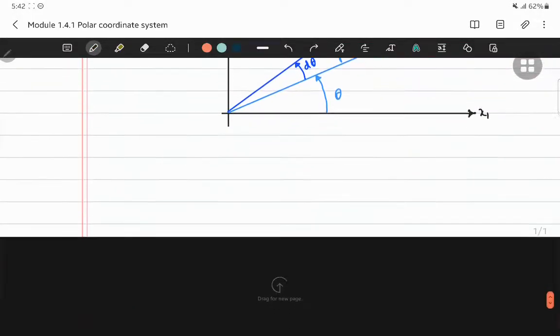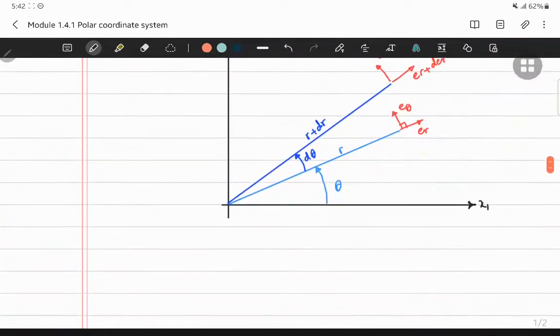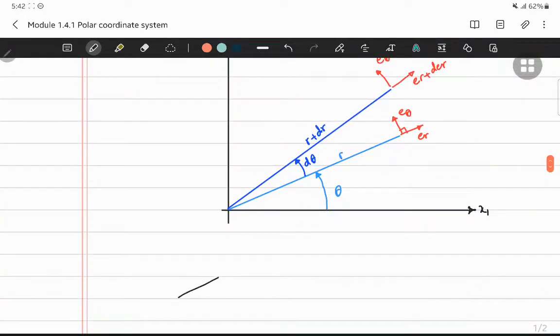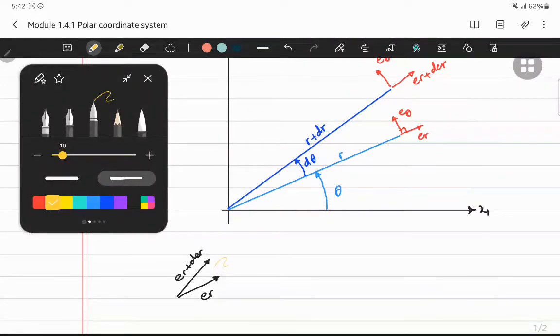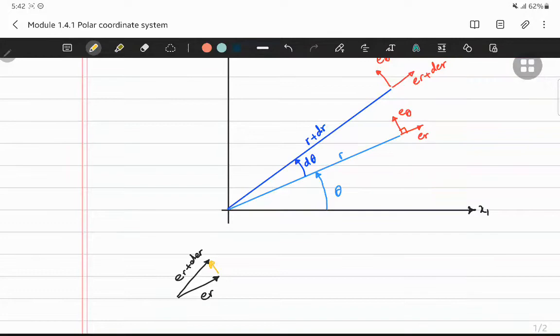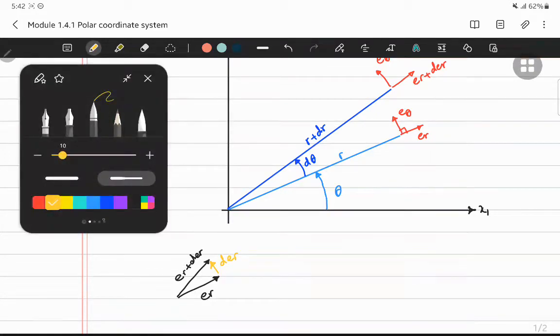So if I have my er here, you see that this er plus d er is applied here. So we can call this d er. So you see, er plus d er is equal to er plus d er.